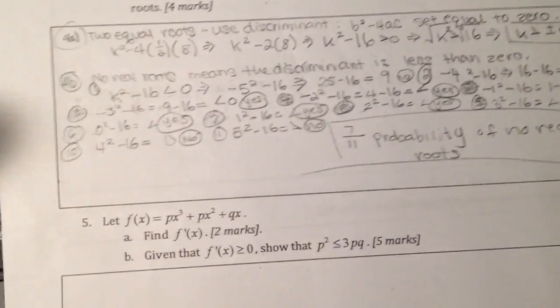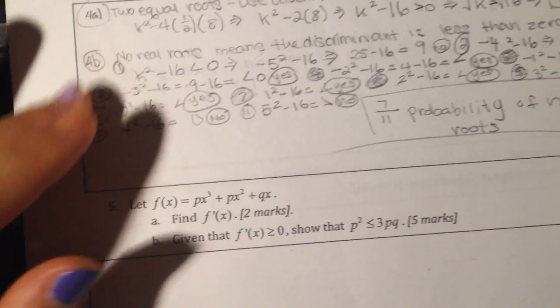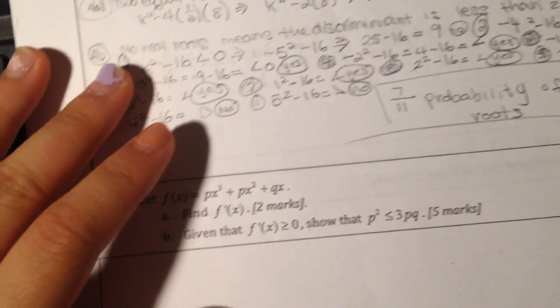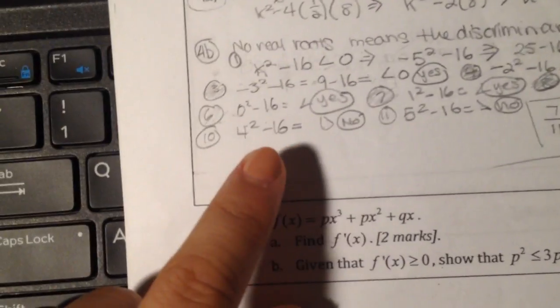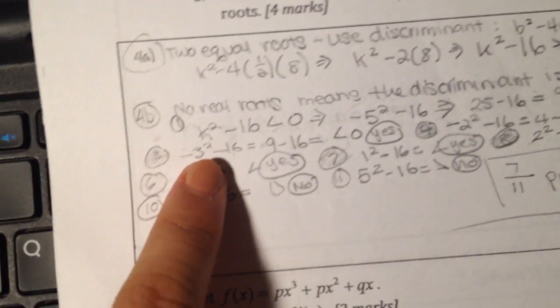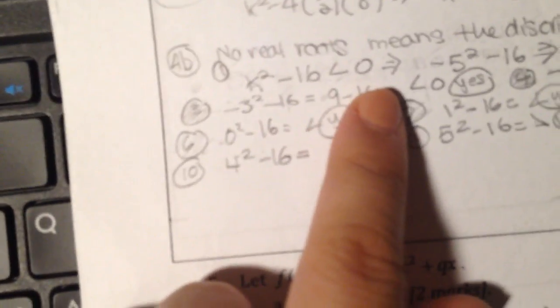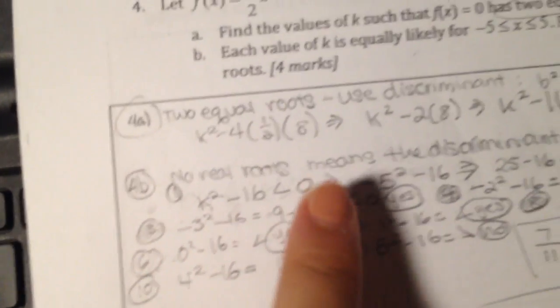And I just plug in the numbers within the boundaries of -5 and 5, starting with -5 because it's inclusive. So it's the discriminant again, which is k squared minus 16, should be less than 0 because we're looking for the probability of no real roots, which means your discriminant is less than 0.